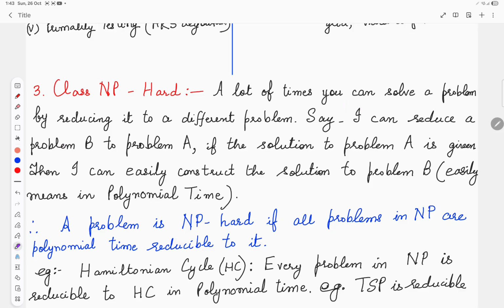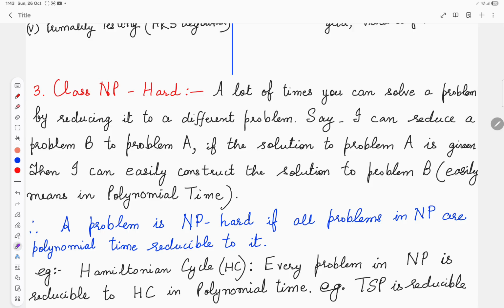You are given a problem, and solving that problem straight away may not be viable, but what you can do is solve it by reducing it to a different problem, but we know the solution to that different problem. Say I can reduce a problem B to problem A.